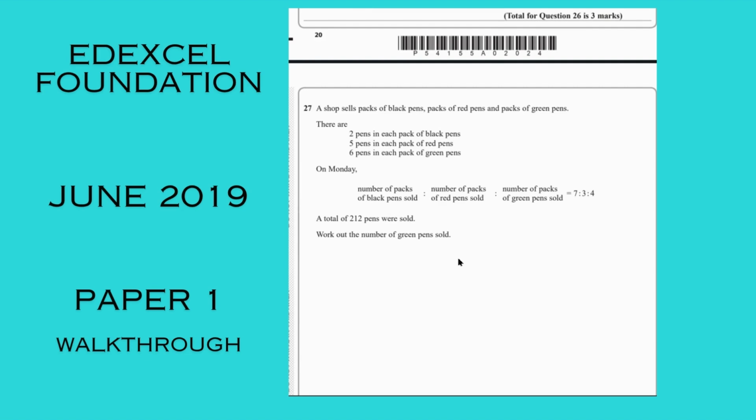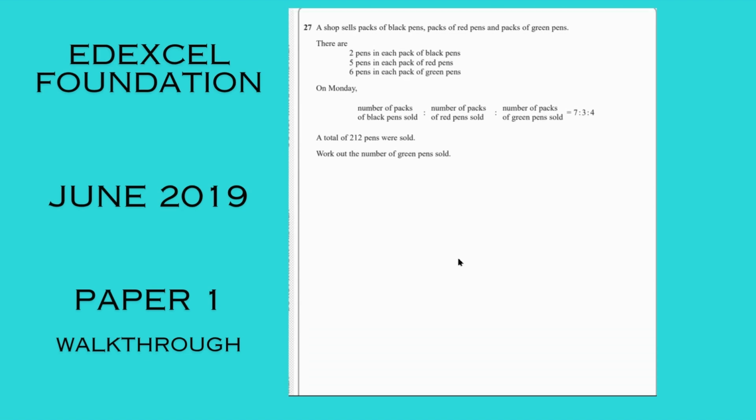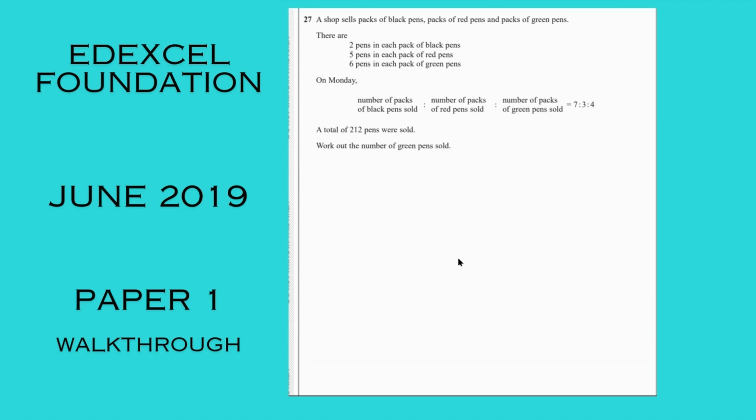Onwards. Number 27. A tricky, very wordy, almost like a double ratio question. Not the most friendly, but again, like all wordies, one thing at a time. So, you're told about packs, but we'll come back to that in terms of what's in each.